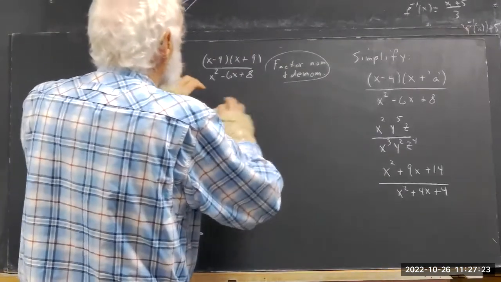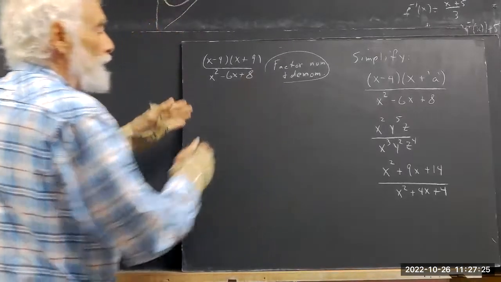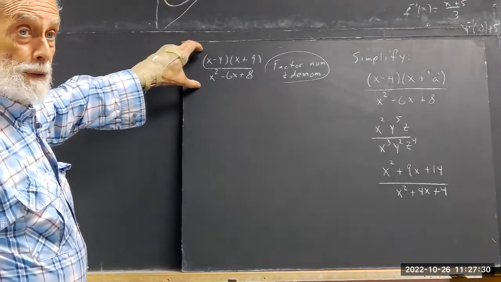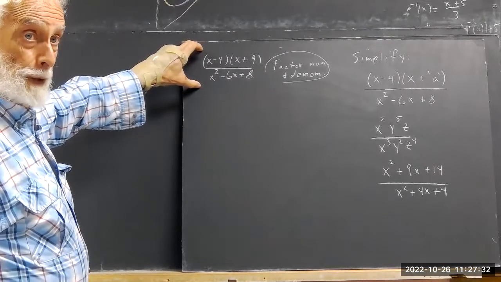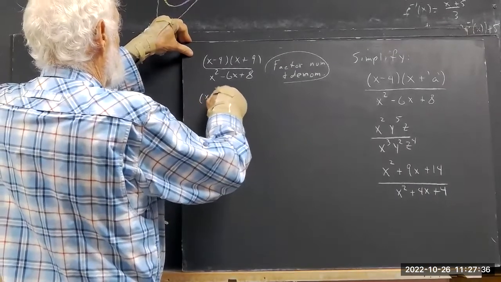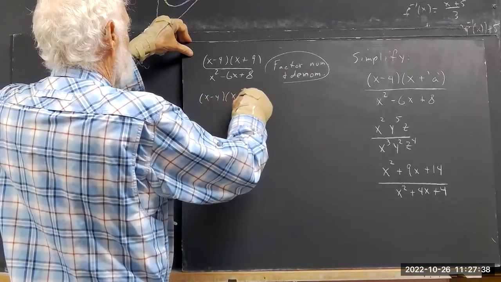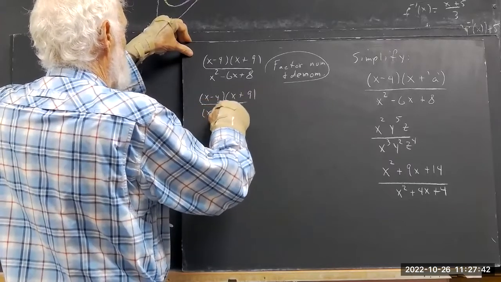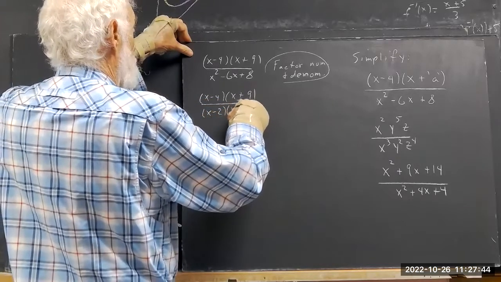We don't do the factoring here. This space is reserved for what we get when we do this. Okay. So this is x minus 4 times x plus 9. And this factors into x minus 2 times x minus 4.